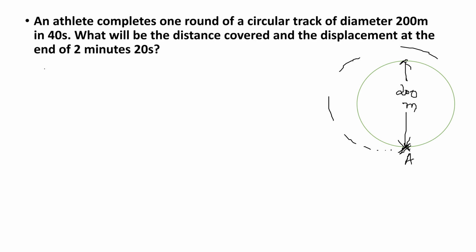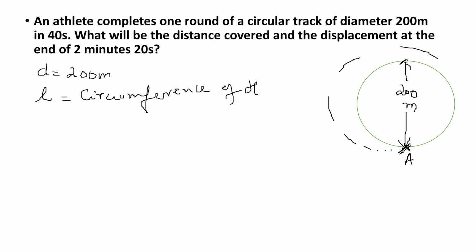So first of all, let us write down the diameter of the track, which is 200 meter. And what is the length of the track, circular track? That will be equal to circumference. So length of the track is equal to circumference of the circular track.